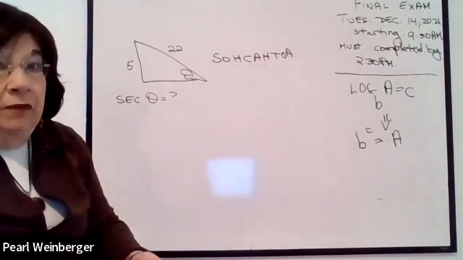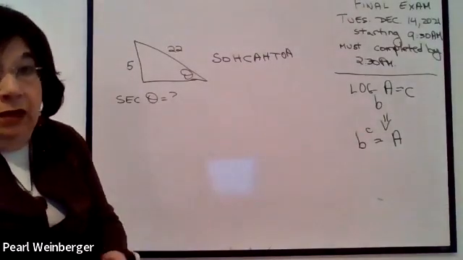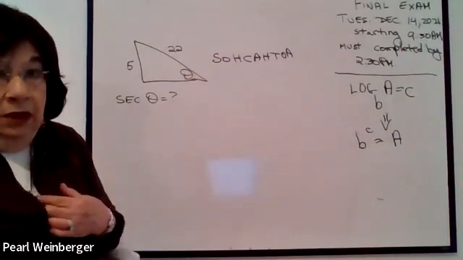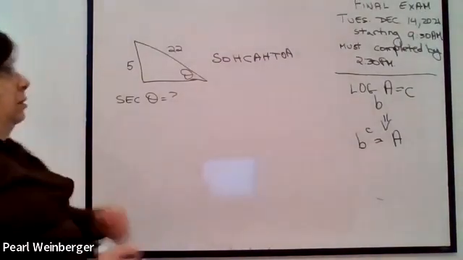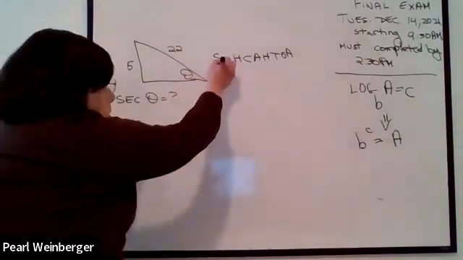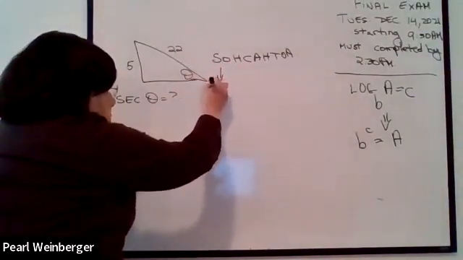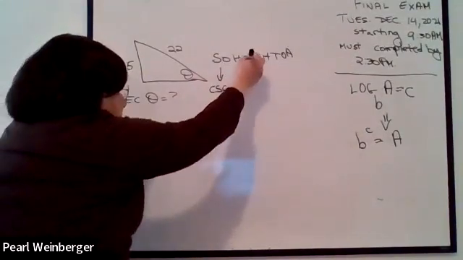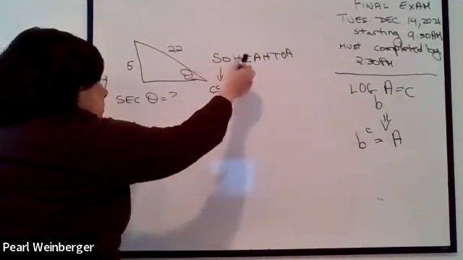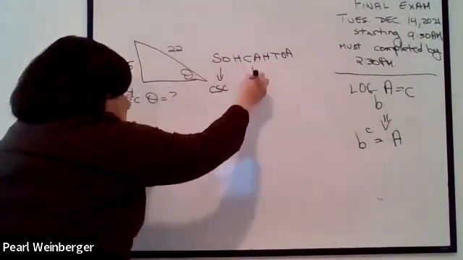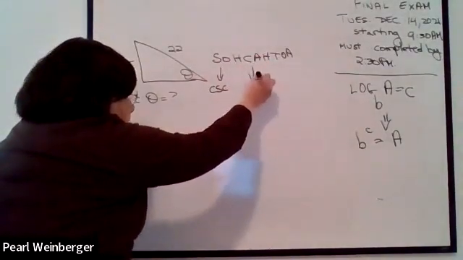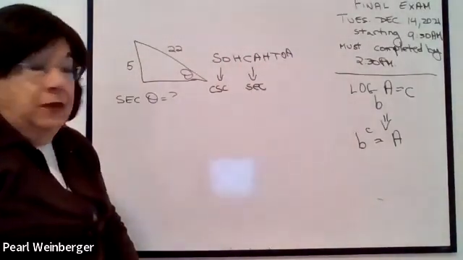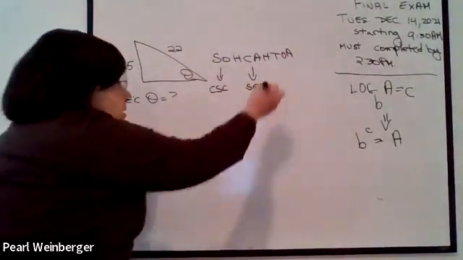We also have three, I'll call them secondary. They're not on your calculator, but you still have to know what they stand for. There's something called the cosecant. It's abbreviated CSC. It's the reciprocal of the sine. There's the secant, SEC, which is the reciprocal of the cosine.